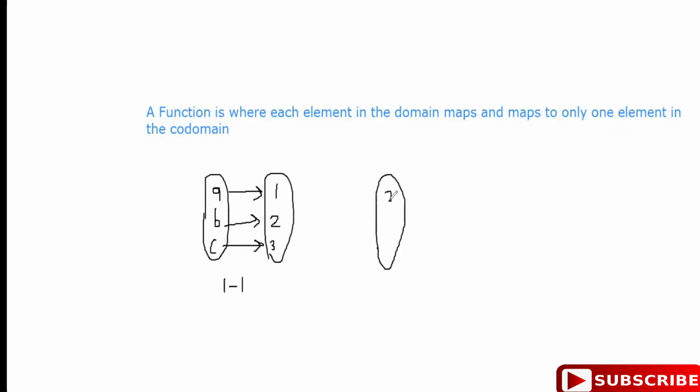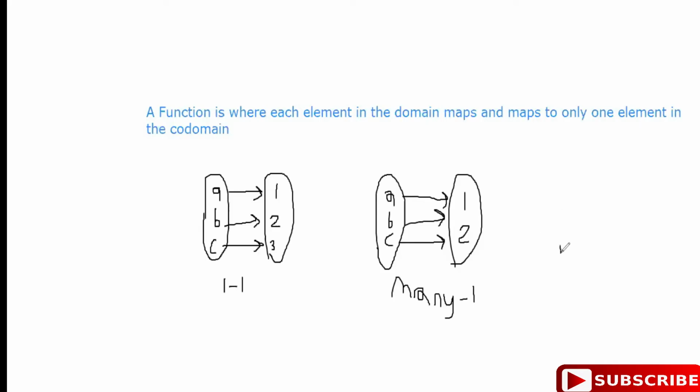Now here we can have A, B, C, and over here we only have 1 and 2. A maps to 1, B maps to 1, and C maps to 2. Is this a function? Yes, it is a function. This is a many-to-one function.